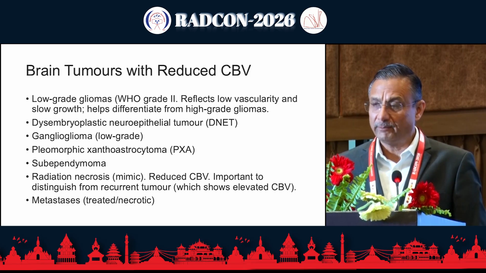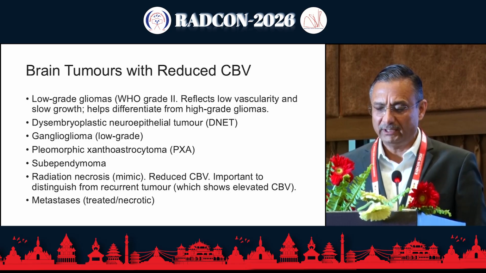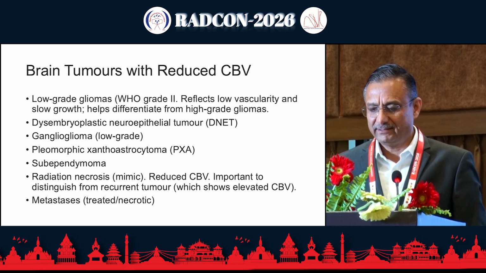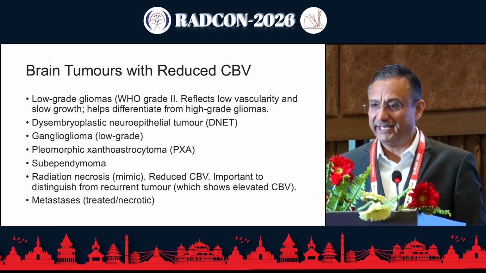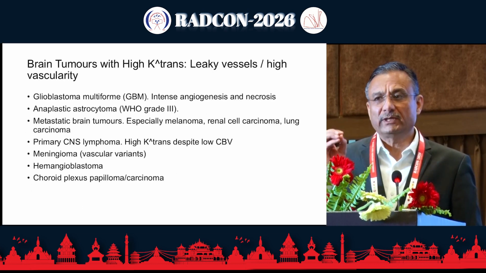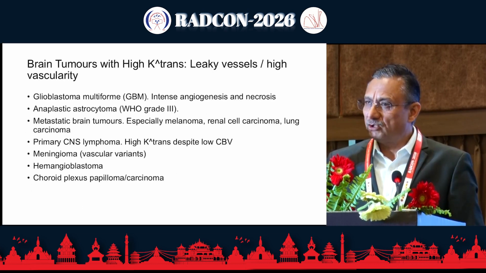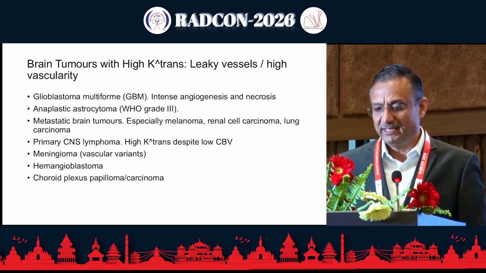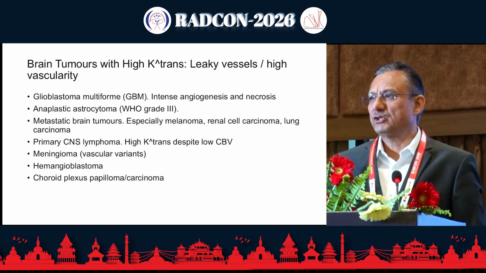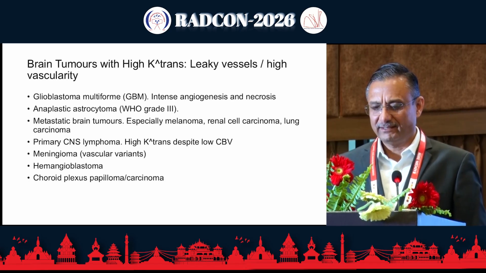Obviously the low-grade glioma relative to the high-grade glioma, but the neuronal tumors, they are known to have reduced CBV. Similarly, radiation necrosis. There is another element in perfusion known as K-trans, which talks about the permeability of the vascular walls. Know which are those tumors which have, most high-grade tumors will have high K-trans.